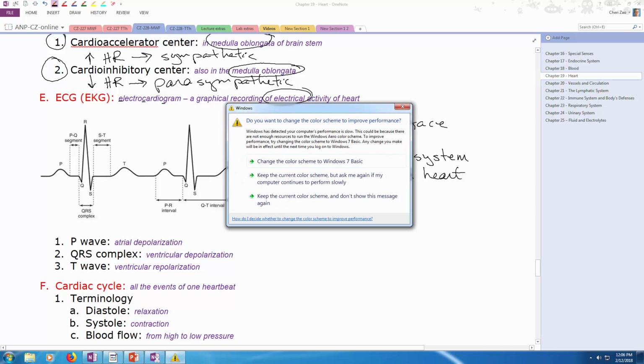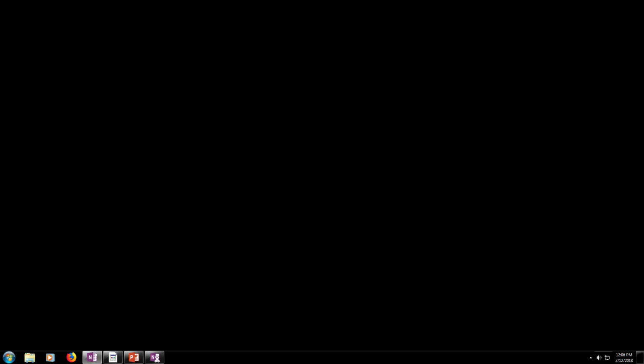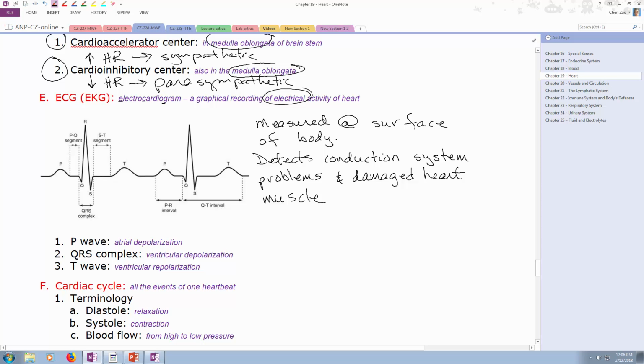And so if somebody's moving a lot, that will cause interference on the recording of the ECG. So we always ask the individual to lay still so that we don't have anything confusing our readings. So we measure it at the surface of the body, and we account for that in the ECG itself.